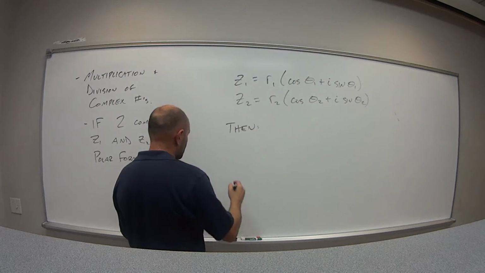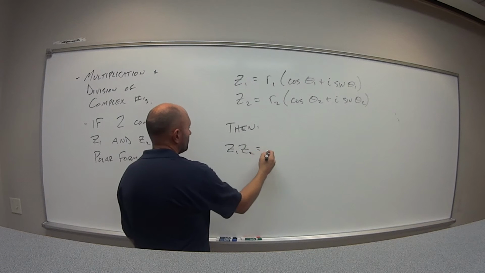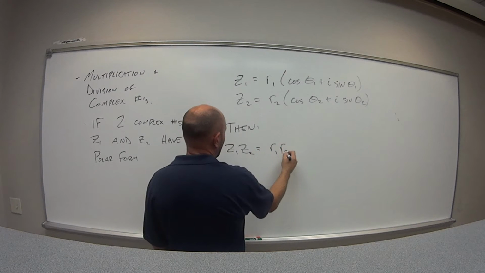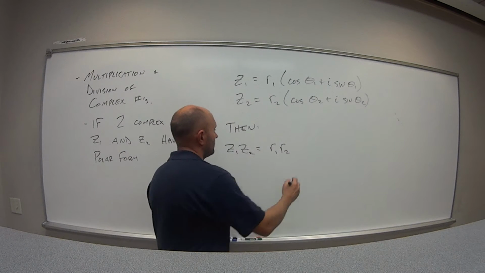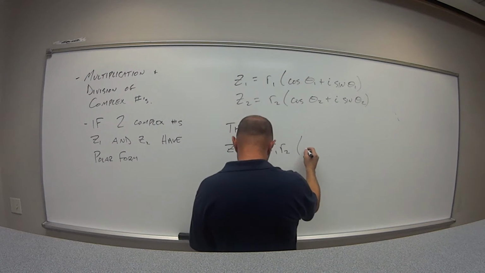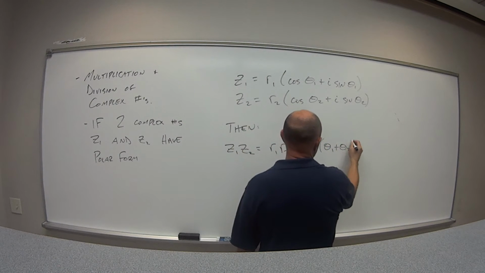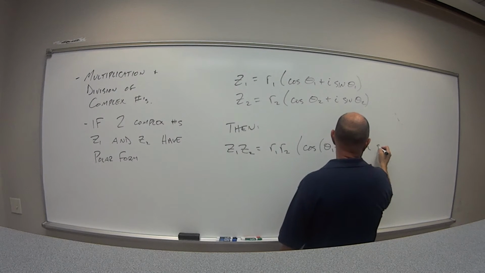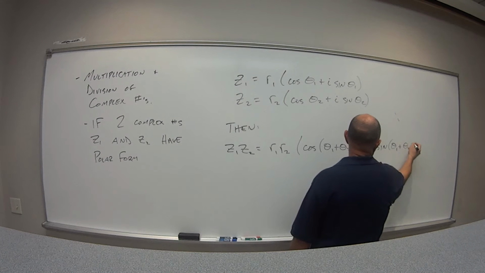For multiplication, Z1 times Z2 is equal to R1 times R2, and then cosine of theta 1 plus theta 2 plus I sine of theta 1 plus theta 2.